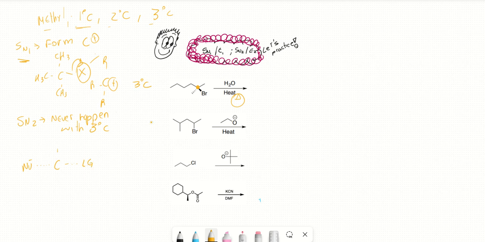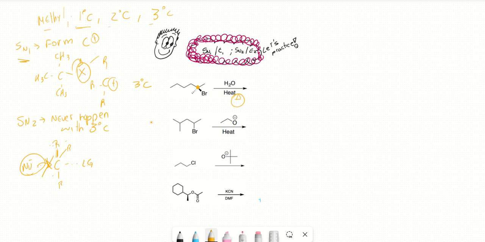If you have a lot of substituents, with fewer hydrogens, that is bad. It will not allow the nucleophile to attack. If you increase the size of the groups around the carbon holding the leaving group, the nucleophile will not be able to attack the backside of this molecule.